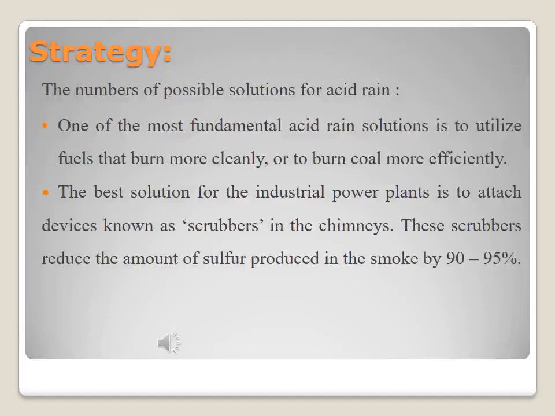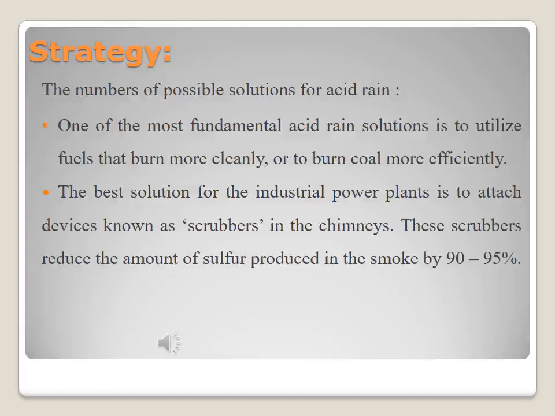Now let's see the strategy of what we can do in order to reduce the adverse effects of acid rain. International treaties on the long-range transport of atmospheric pollutants have been agreed.